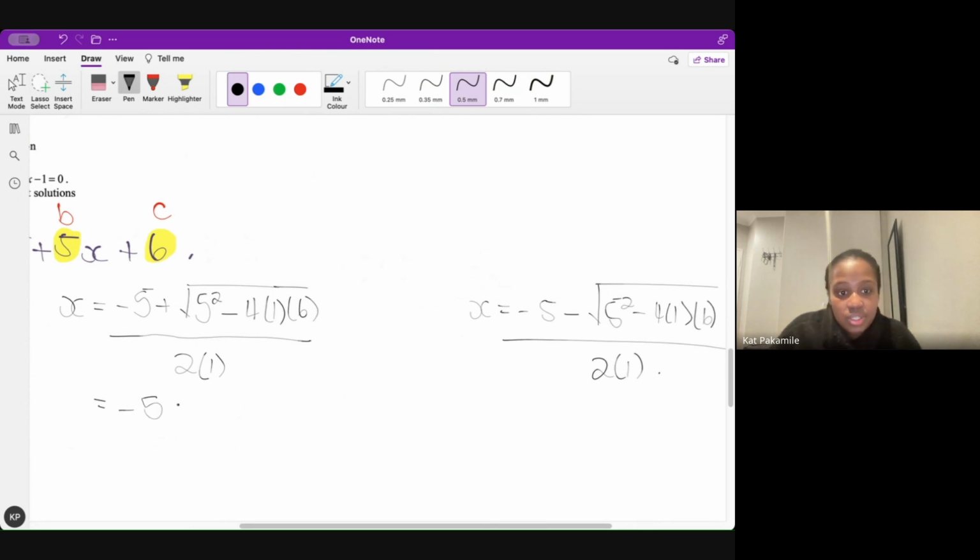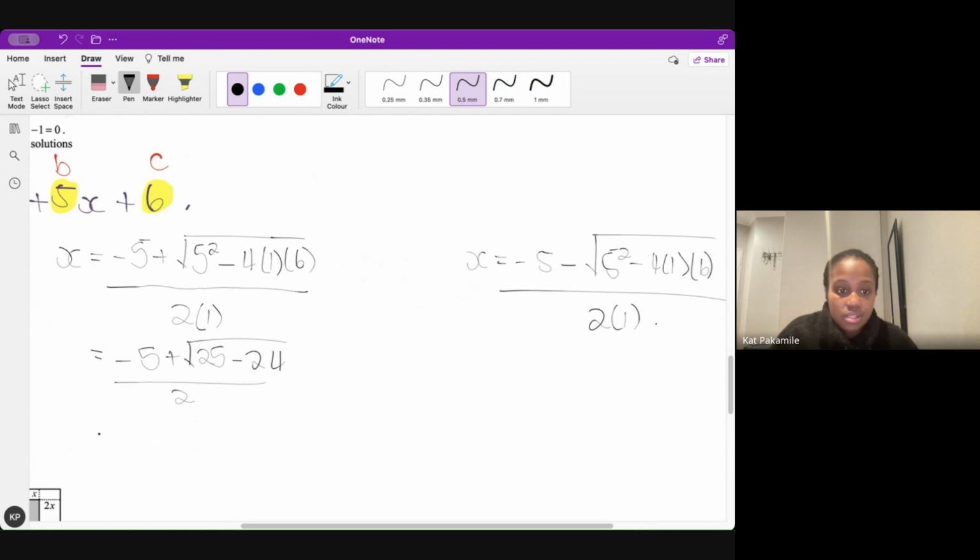What is 5 squared? 5 squared, 25. So 25 minus 4 times 1 times 6, which is 24. Divided by 2.